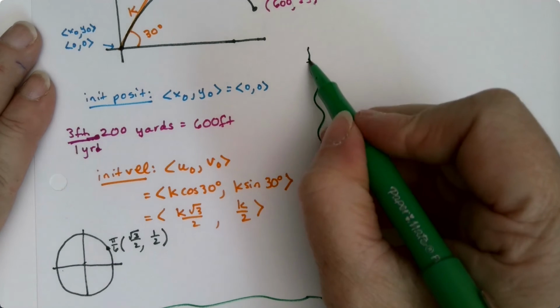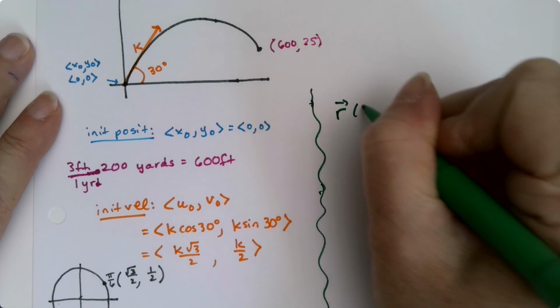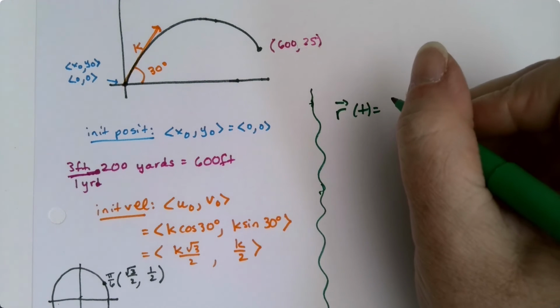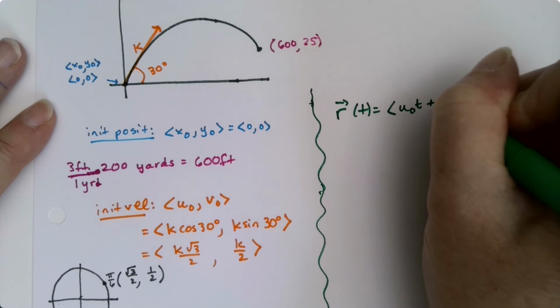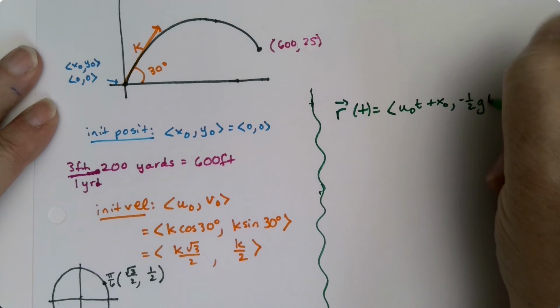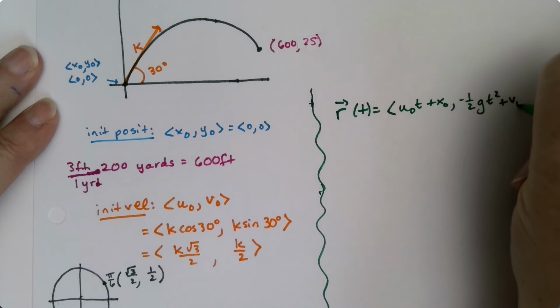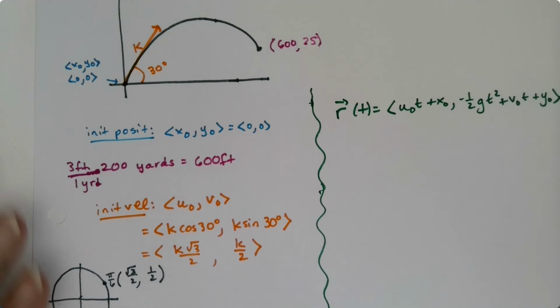All right, so now let's go find that position vector valued function. So r of t equals, now remember the formula, it's u0t plus x0, and then negative 1/2 g t squared plus v0t plus y0. Oh, and g, gravity.